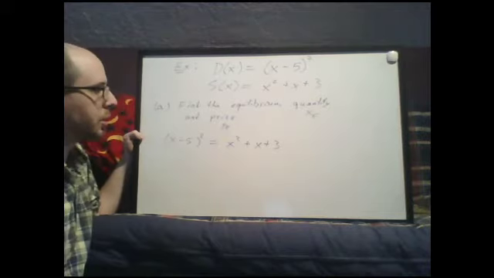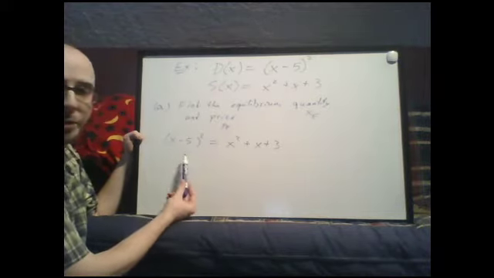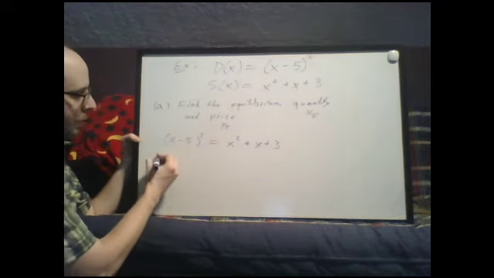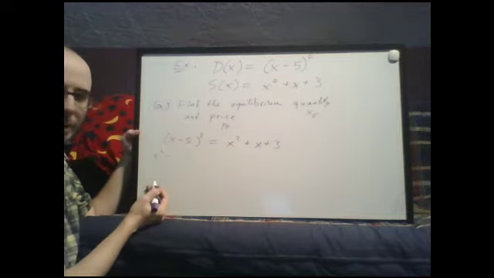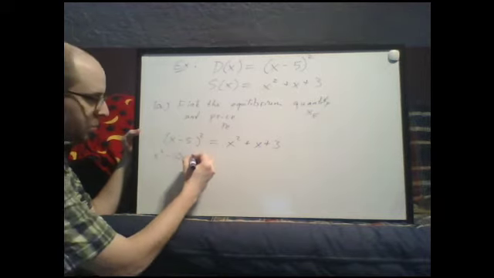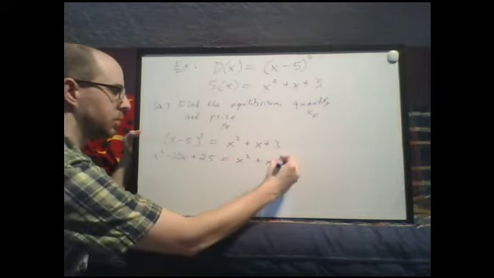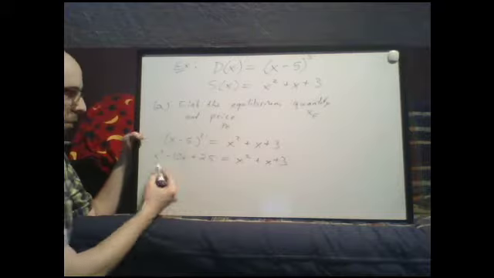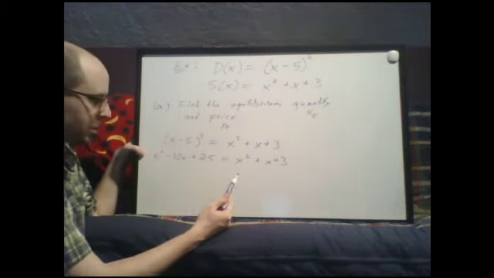And the way I want to solve that is probably going to be, let's multiply out this parenthesis here. (x minus 5) squared is going to be x squared minus 5 times x times 2, so minus 10x. And then minus 5 squared is plus 25, equals x squared plus x plus 3. Both sides have x squared, so if I subtract x squared, it's going to disappear from both sides.